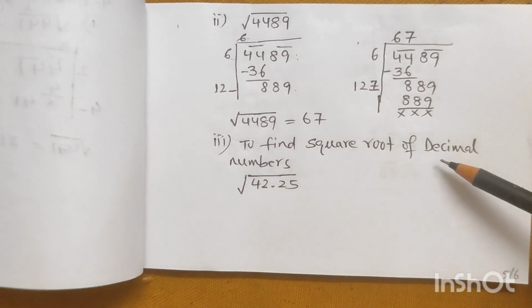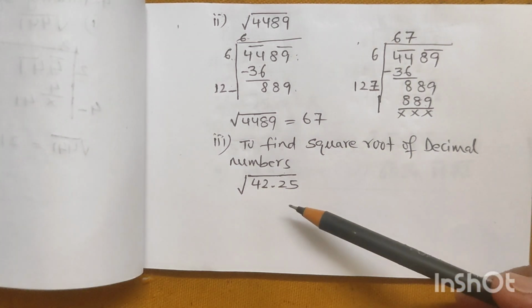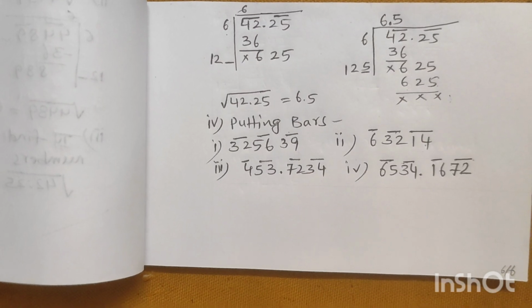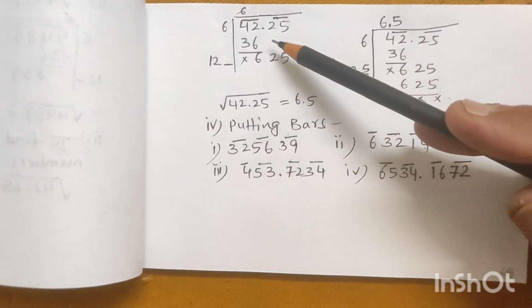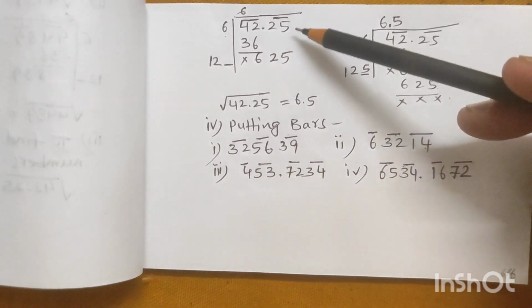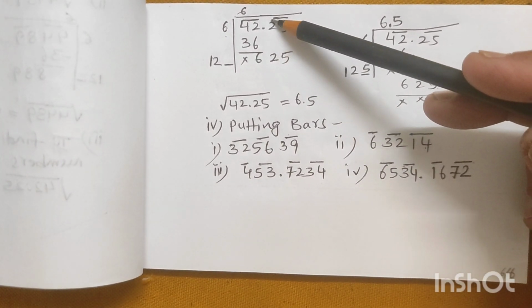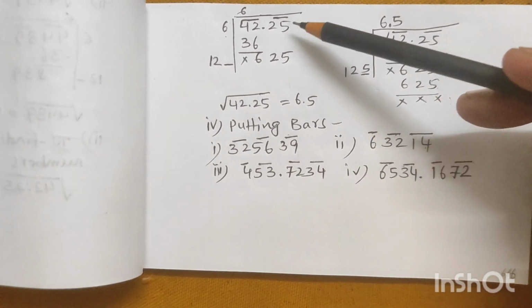To find square root of decimal numbers, see, we take up this number 42.25. Now after decimal we start putting bars from this side. So this is only 1 bar coming on 2 digits.